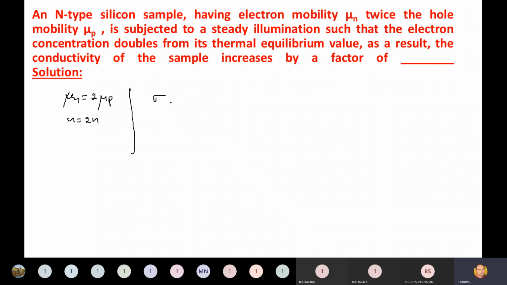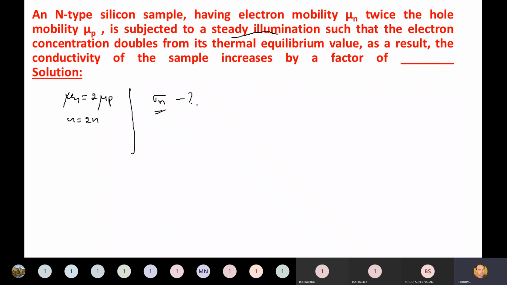Tell me, what is the conductivity? Conductivity of n-type or p-type? N-type, sigma n. And here it is steady state illumination.